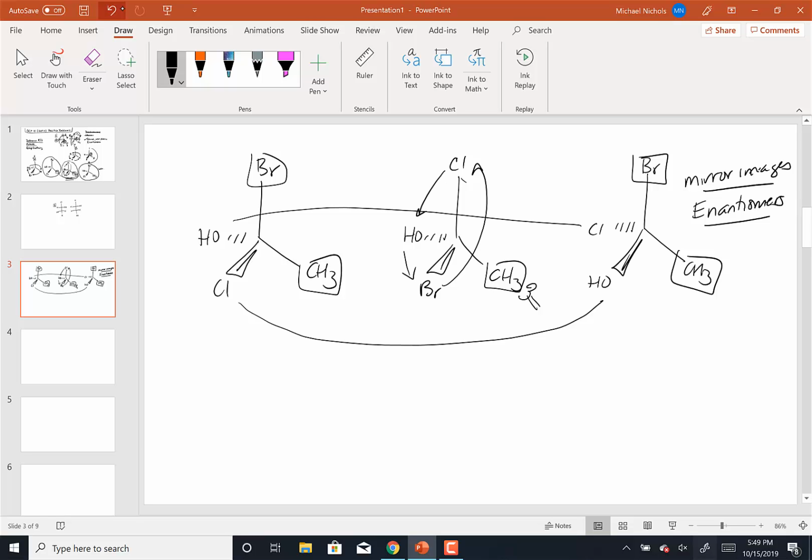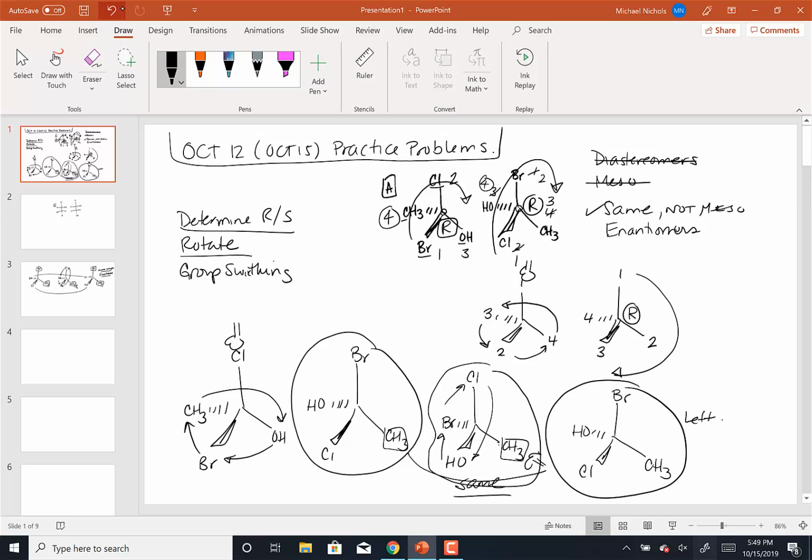So your choice is, when you try and align the groups by rotation, you're either going to be able to align only two groups, and if two groups aren't aligned, those chiral centers are mirror images. In this case, that makes those two molecules enantiomers. Or on the other hand, if they are the same configuration, then you'll be able to line up all four of the groups.